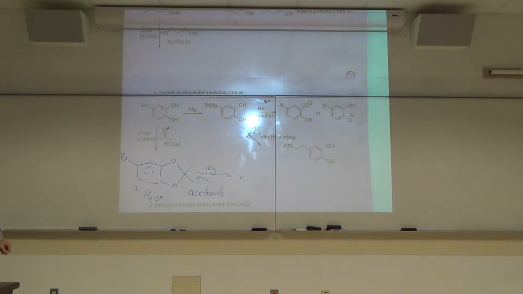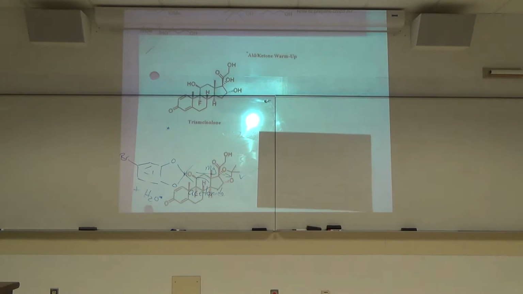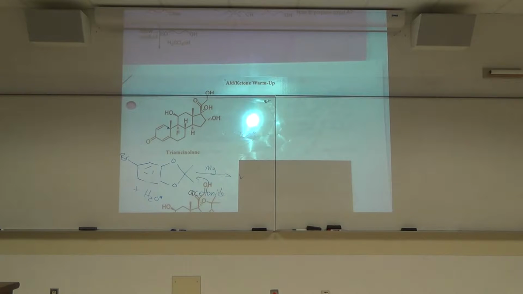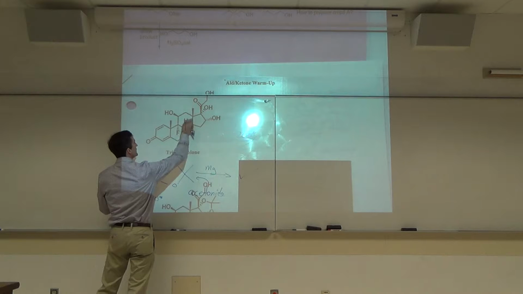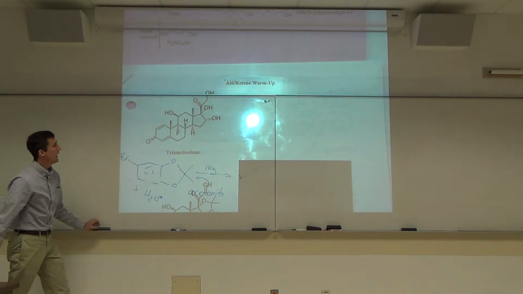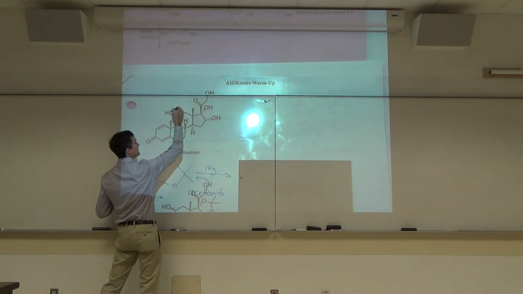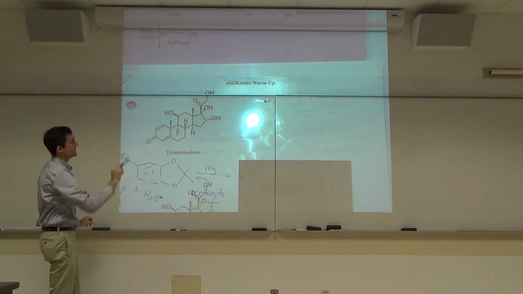And if you look at the other handout, triamcinolone, it's used for skin conditions. It's a steroidal compound. It's got the steroid nucleus. You see this diol here. Of course, it's got two other OHs.